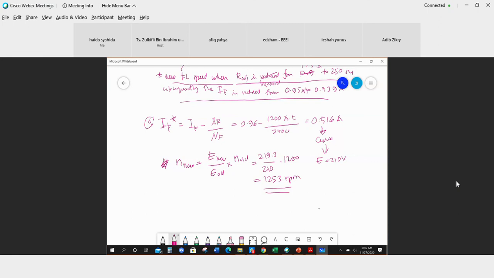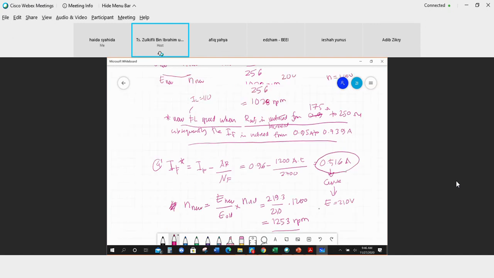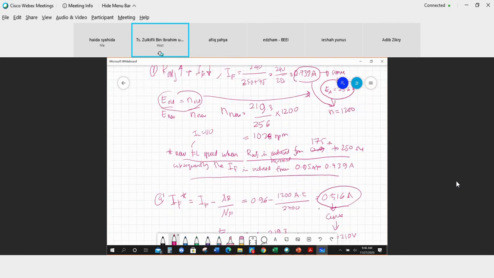So maksudnya the speed of the motor bila kita consider armature reaction is running at much bigger than the speed when we consider no armature reaction. So sebab apa? Dan justifikasi dia adalah this we have calculated just now. This one when we consider the armature reaction, and this one when we did not consider the armature reaction.